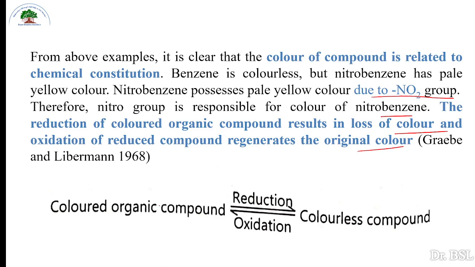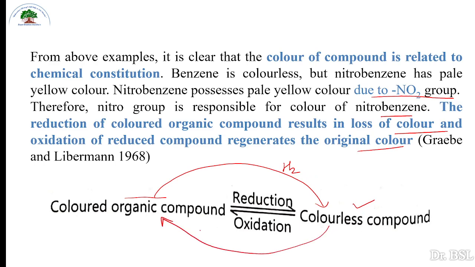So relation is when any colored organic compound is reduced, that means hydrogens are added, that means double bond or multiple bonds are eliminated, then the compound becomes colorless. But when this compound is oxidized or H2 are removed, or we can say double or triple bonds, multiple bonds are added, then that colorless compound becomes colored.